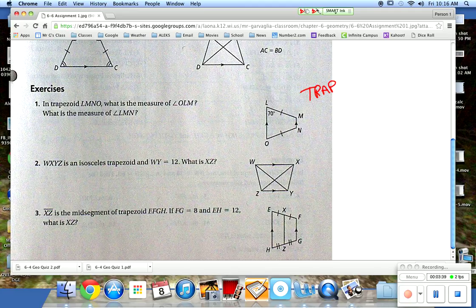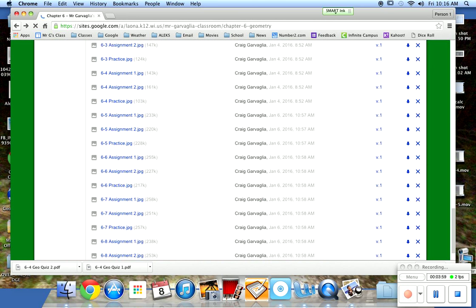It's a trapezoid. What kind of trapezoid? Is it a regular trap or is it an isosceles trapezoid? Why? What did I say about isosceles? You got it. Because the opposite sides are congruent. That means that this angle equals this angle. All right. You guys can figure this out. You know what you're doing. Good. Let's go on to the next page.